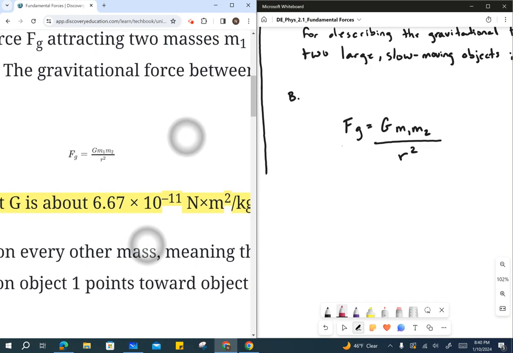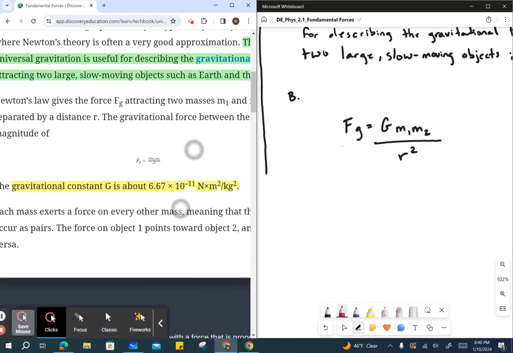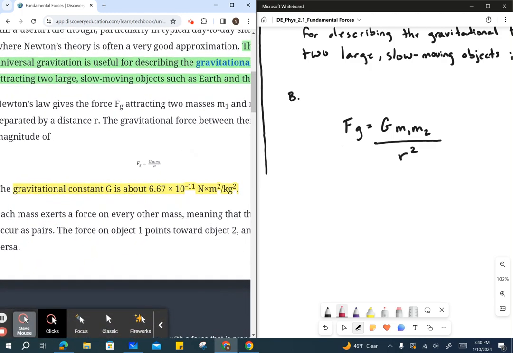If we come back over here, we can see that F of G is our force of gravity. The force of gravity, the magnitude, the strength of gravity between two objects.